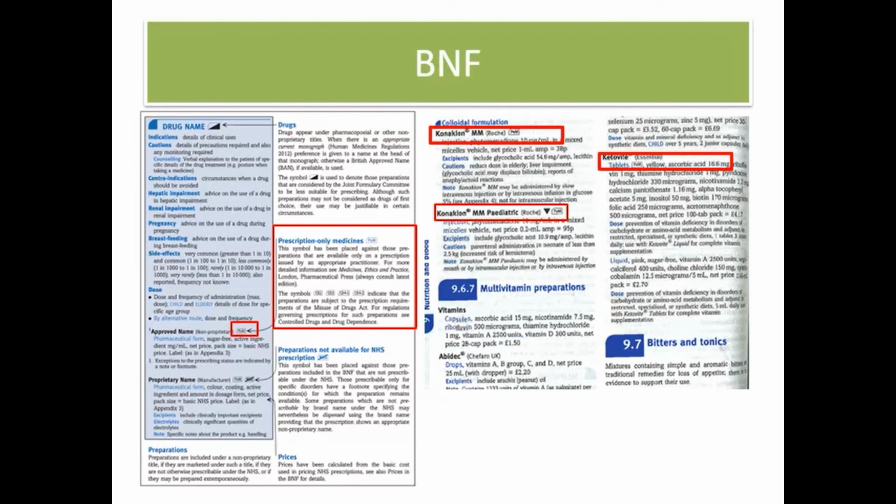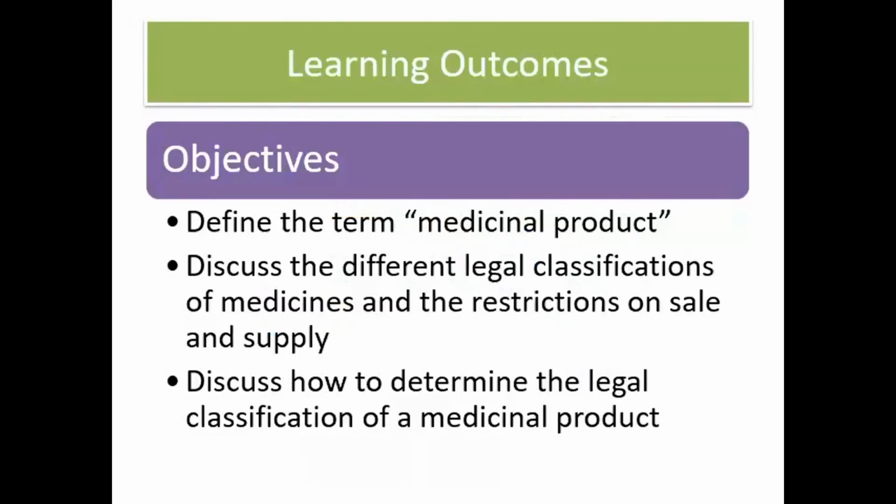In the BNF, it tends to be denoted by a small annotation next to the formulation pages. When you get to the end of the monograph about a drug and the different preparations, they will give you information about its legal classification.